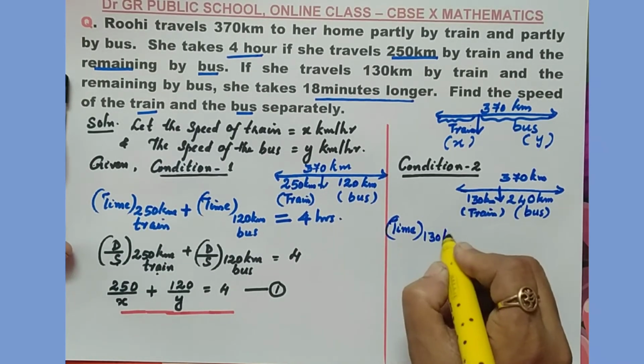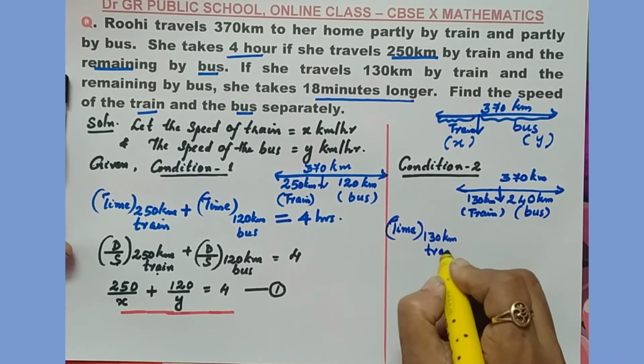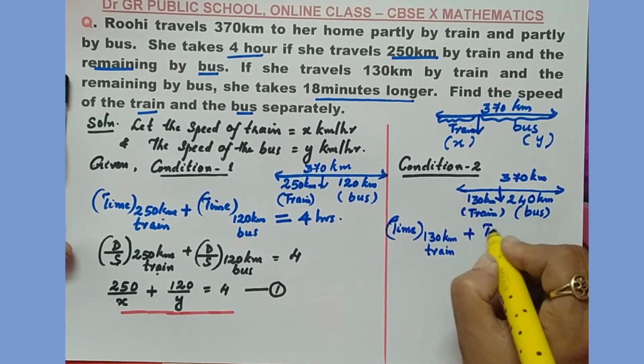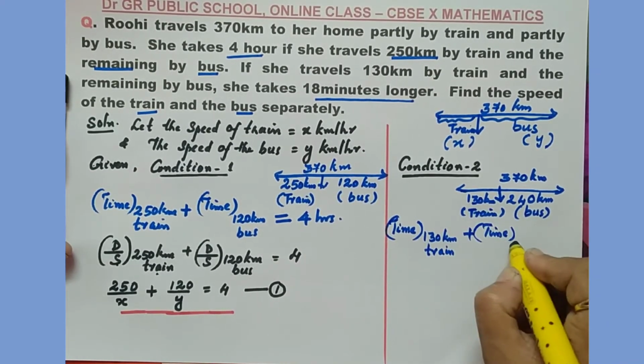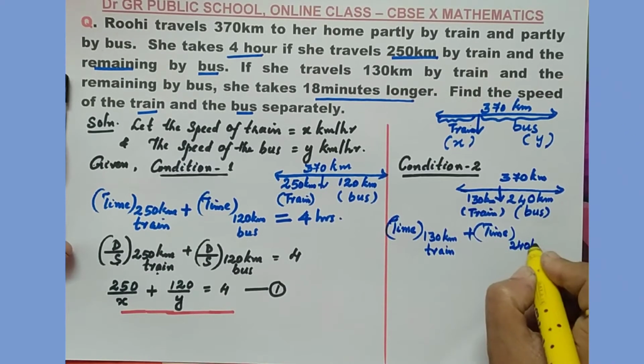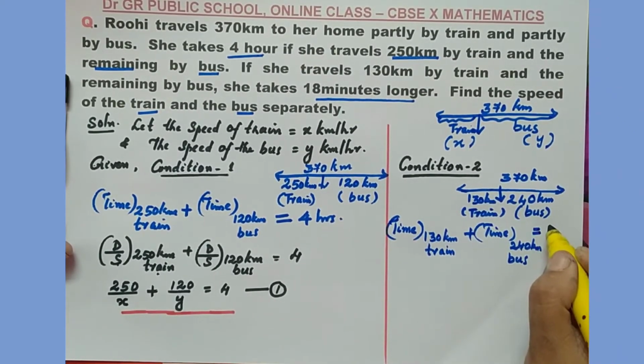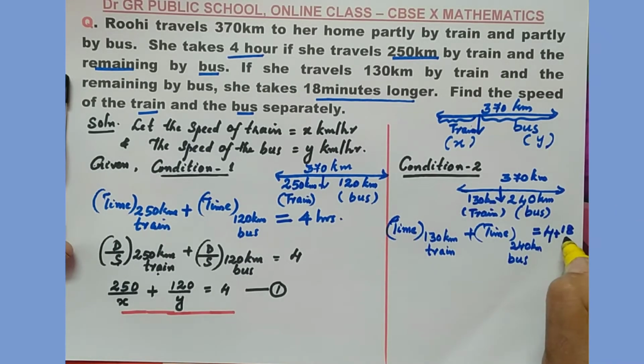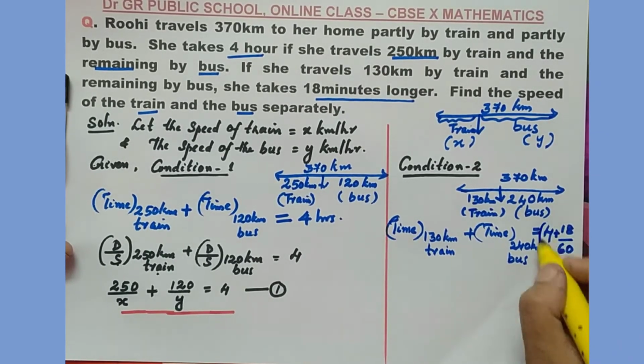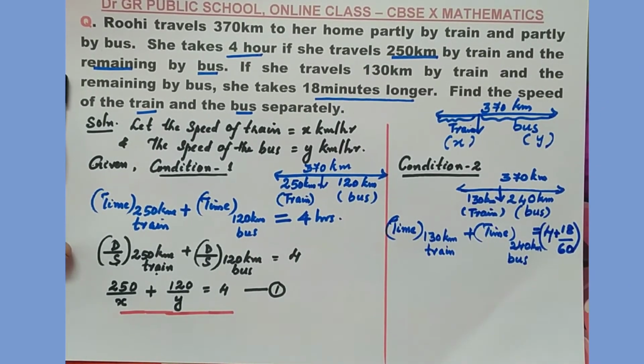So the time for 130 km by train plus the time for 240 km by bus is 4 hours and 18 minutes. 18 minutes converted to hours is 18 by 60 hours. So the total is 4 plus 18 by 60 hours.